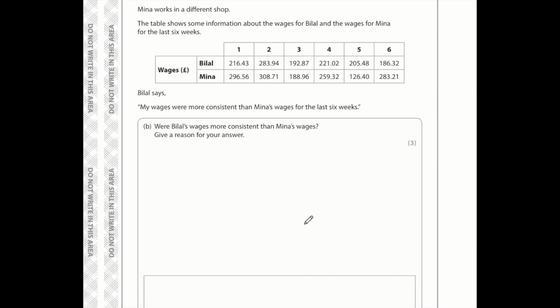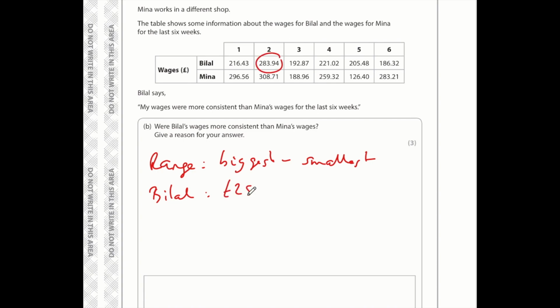Okay, so for this question, it's about consistency. This question is all about the range. Remember, to work out the range, it's the biggest value minus the smallest value. So for Bilal, the biggest value is 283.94, take away the smallest, which is 186.32.